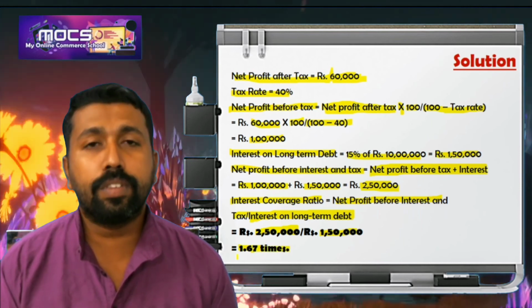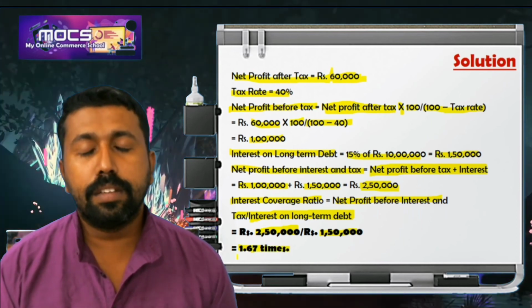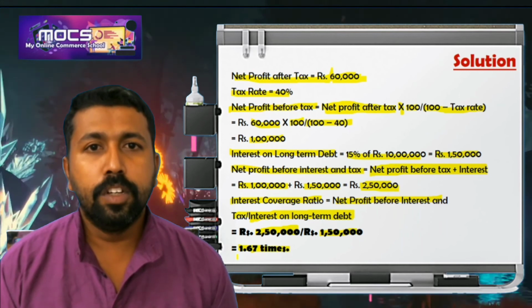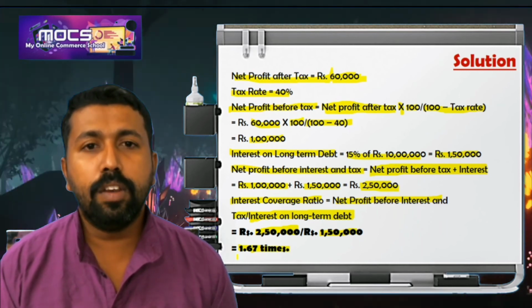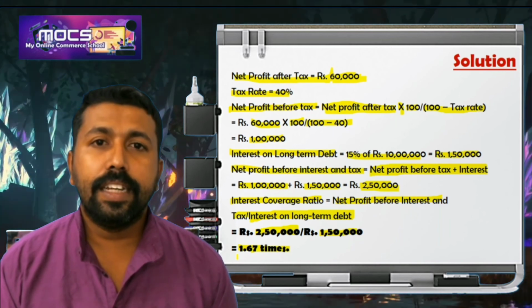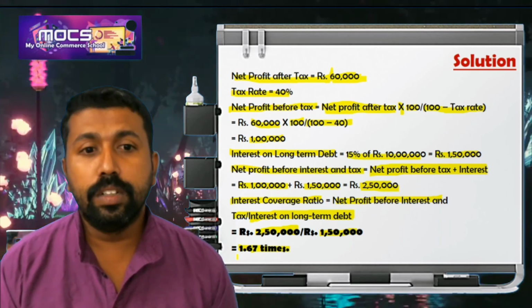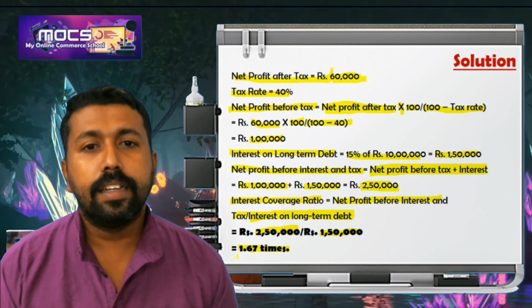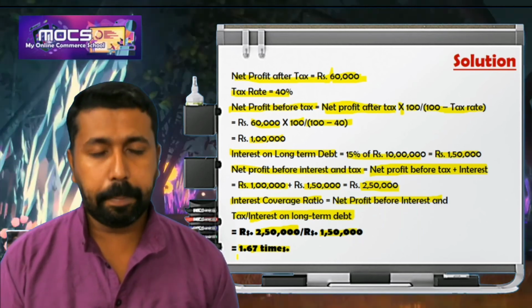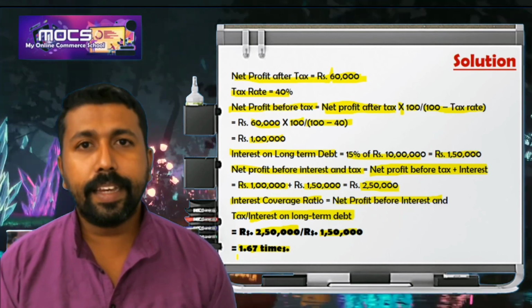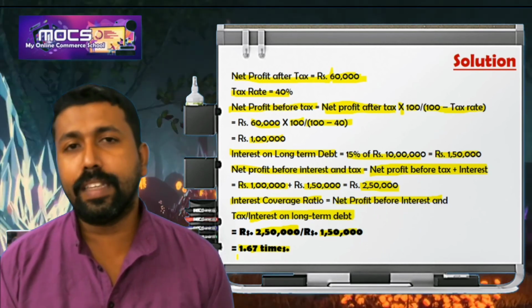It is also a good sign for the firm to identify the value of interest coverage ratio. They are able to pay the amount of interest because 2,50,000 is there as profit to pay the interest of rupees 1,50,000.